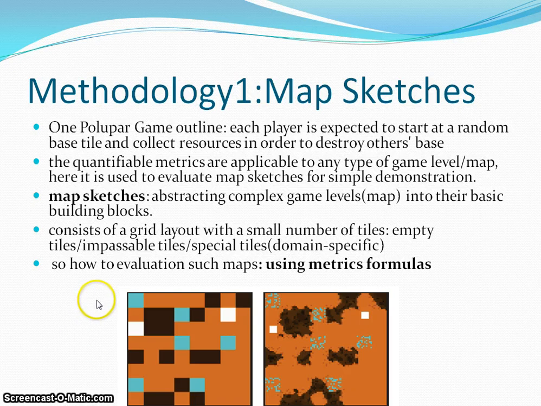And how do we evaluate such maps, the simpler version? The reason why we want to do the transition is that we want to demonstrate a simpler version of the matrix, but we can definitely use the matrix for any other maps in the future.